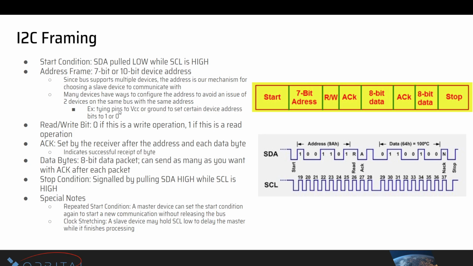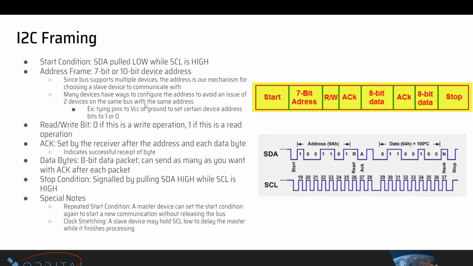In the onboarding, the temperature sensor had external pins that you could tie to VCC or ground to set certain bits of its address to 1 or 0. If you had the exact same address, you could change one bit, and now you're chilling.